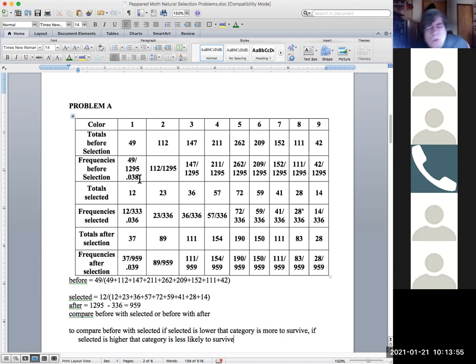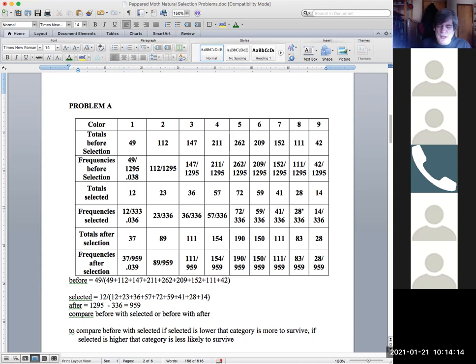That would mean that number 1 really showed up. The birds were able to find it, or maybe they're not good flyers. Maybe the color isn't the whole story. So if this number is lower, that means that number 1 is more likely to survive.